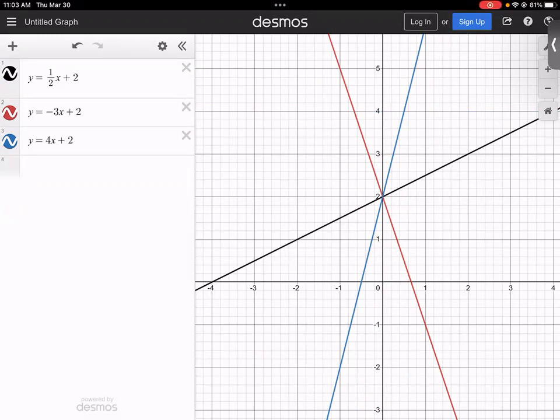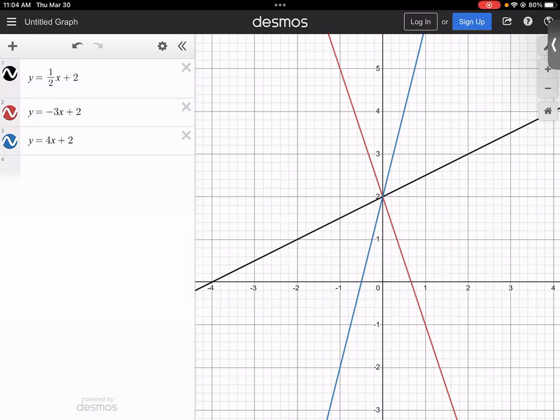So what might this number represent? What's down or up? Yeah, but what's positive? What's negative? The slope.